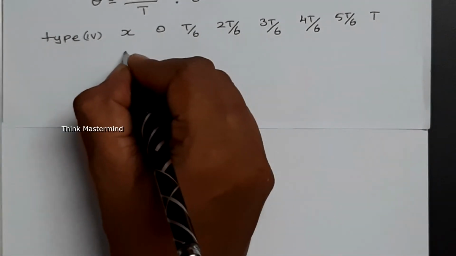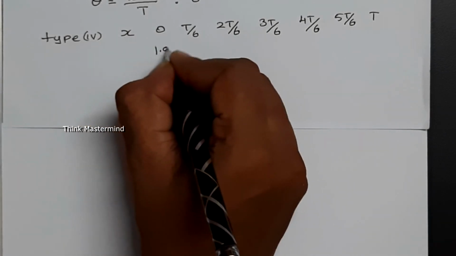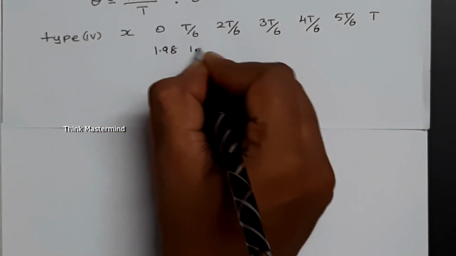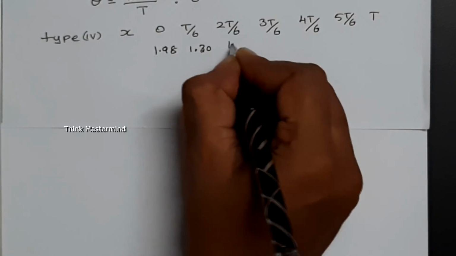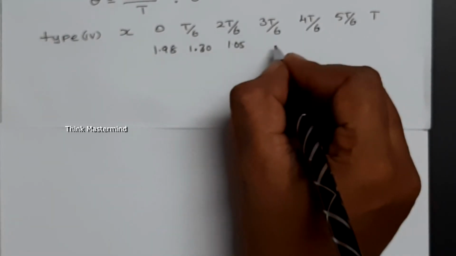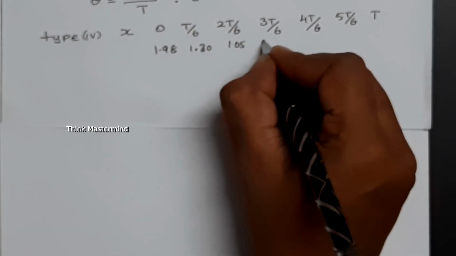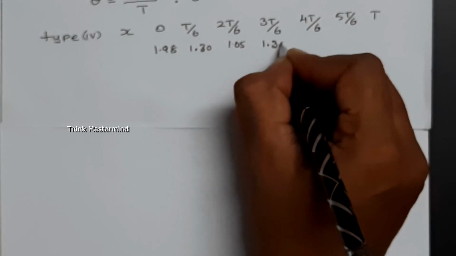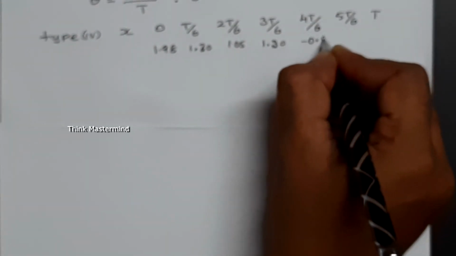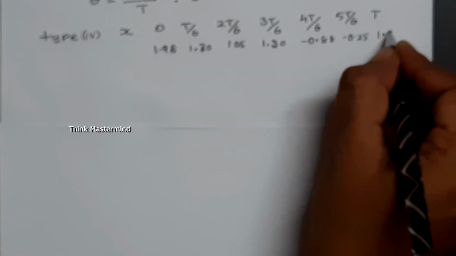So here the corresponding y value is nothing but the previous one, 1.98, 1.30, 1.05. Y may be any value, but here I am taking the previous example only, that is 1.30, minus 0.88, minus 0.25 and the last value is 1.98.